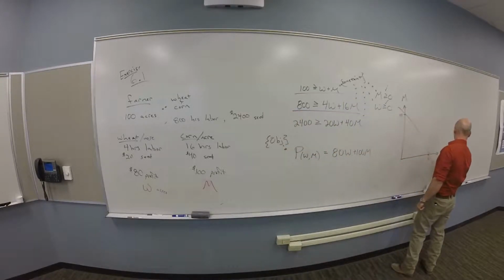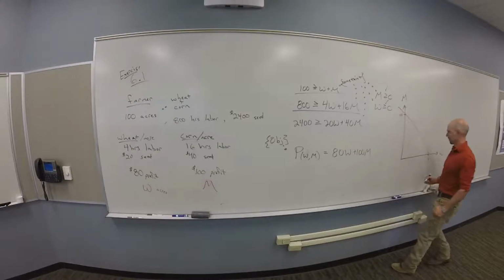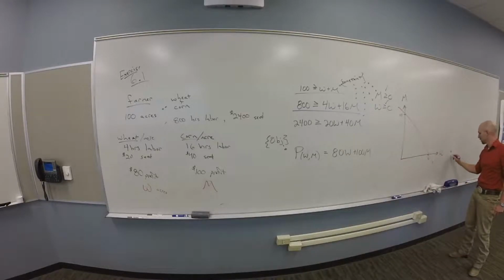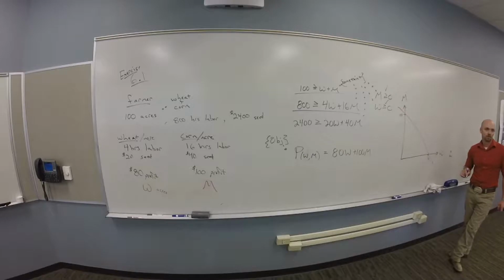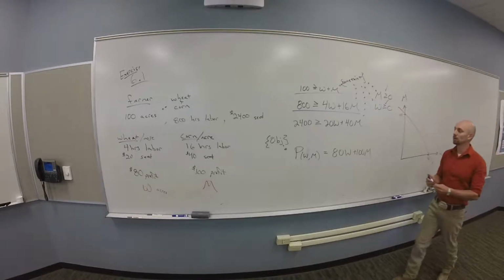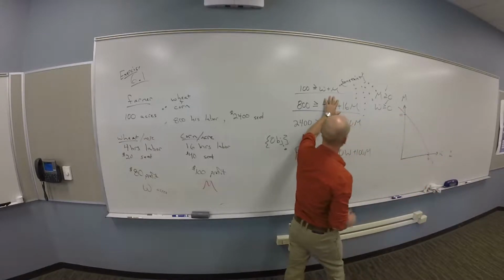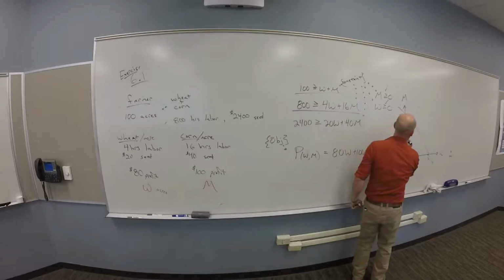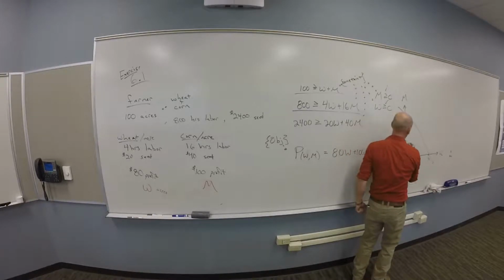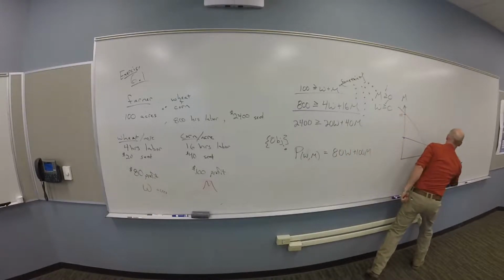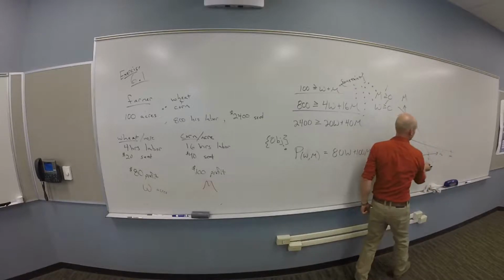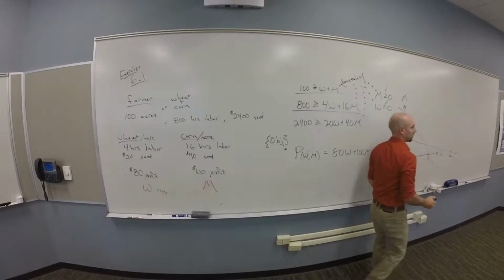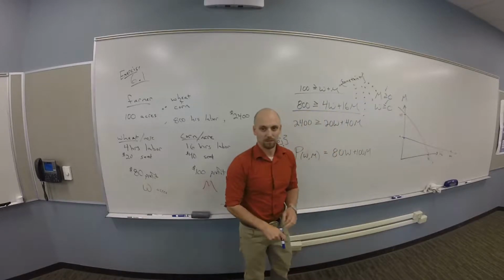So that's going to be out here. And if I spent all my time planting corn and planted no wheat, where would I be? 50. Okay, so now I need a line through those two. That looks something like this. Cool.